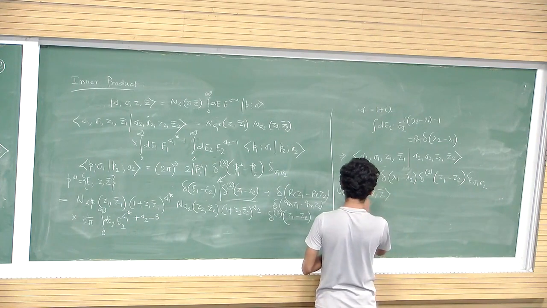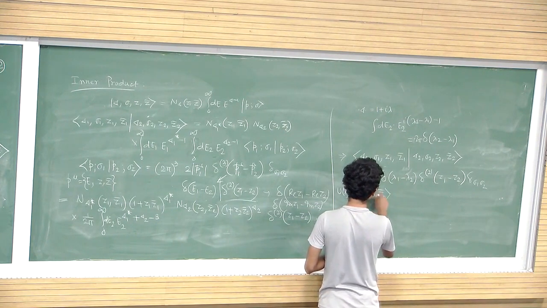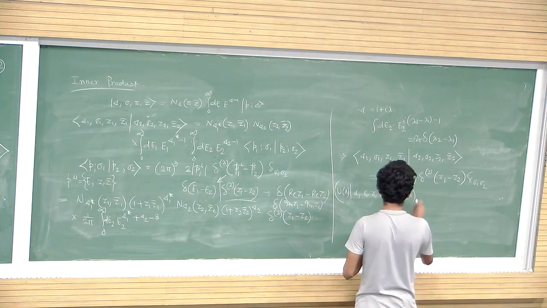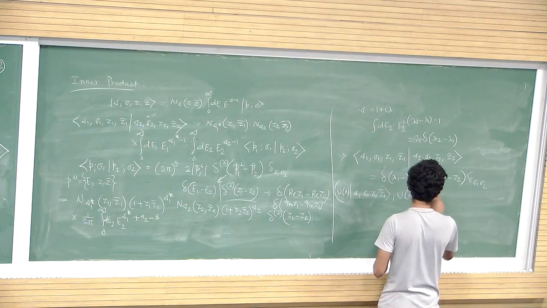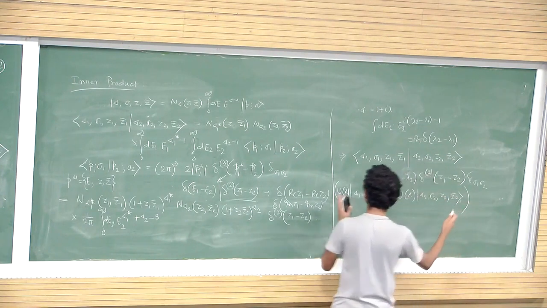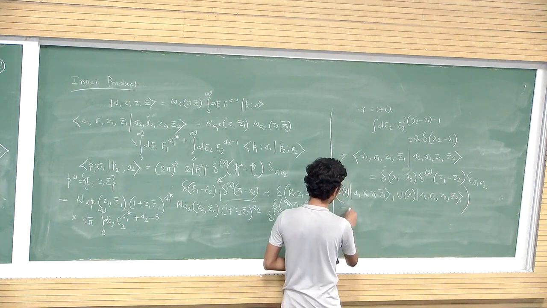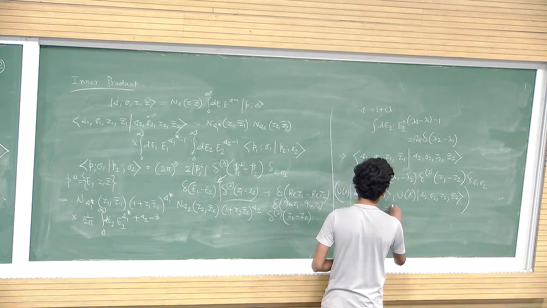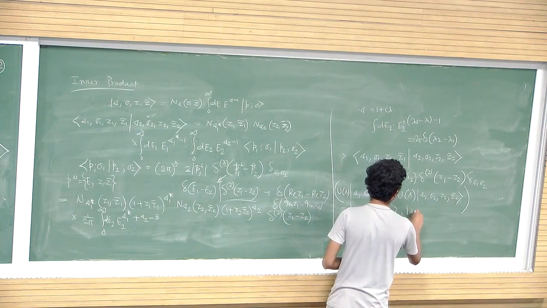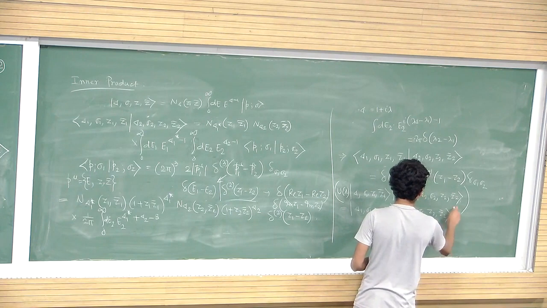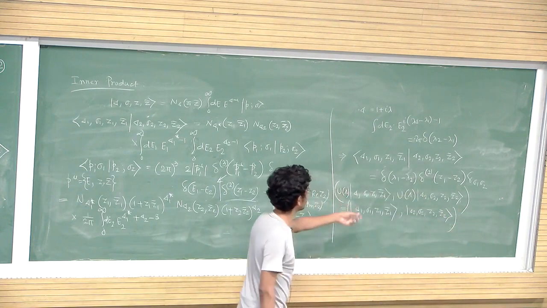Suppose u of sigma delta 1 sigma 1 z1 z bar 1, then u of lambda delta 2 sigma 2 z2 z bar 2. This first bracket, meaning the inner product, is nothing but delta 1 sigma 1 z1 z1 bar comma delta 2 sigma 2 z2 z bar 2. So this is a unitary transformation basically.